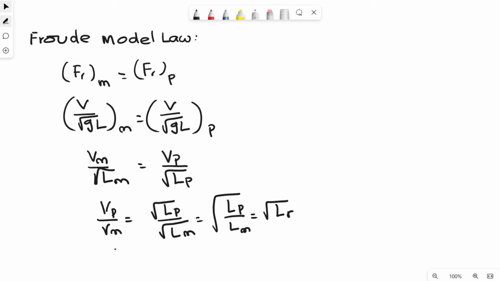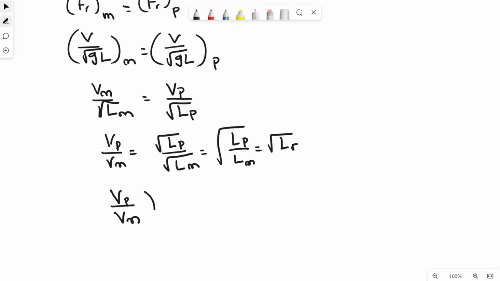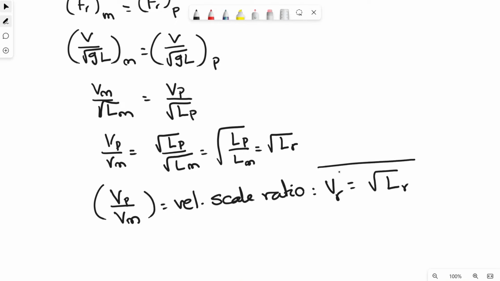So Froude's model law says that Vp by Vm, that is the velocity scale ratio VR, is equal to root LR. This is very, very important in case of Froude's model law.